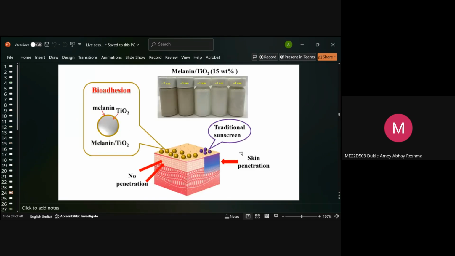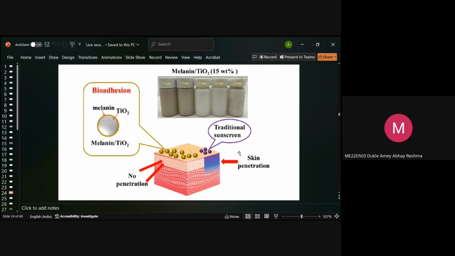Titanium dioxide nanoparticles are coated, and the sunscreen has to stay on the skin.